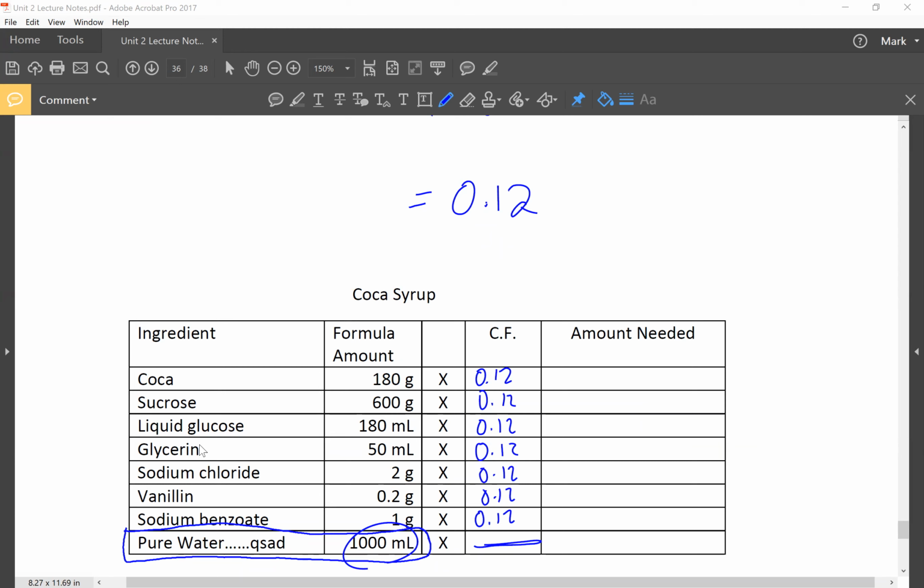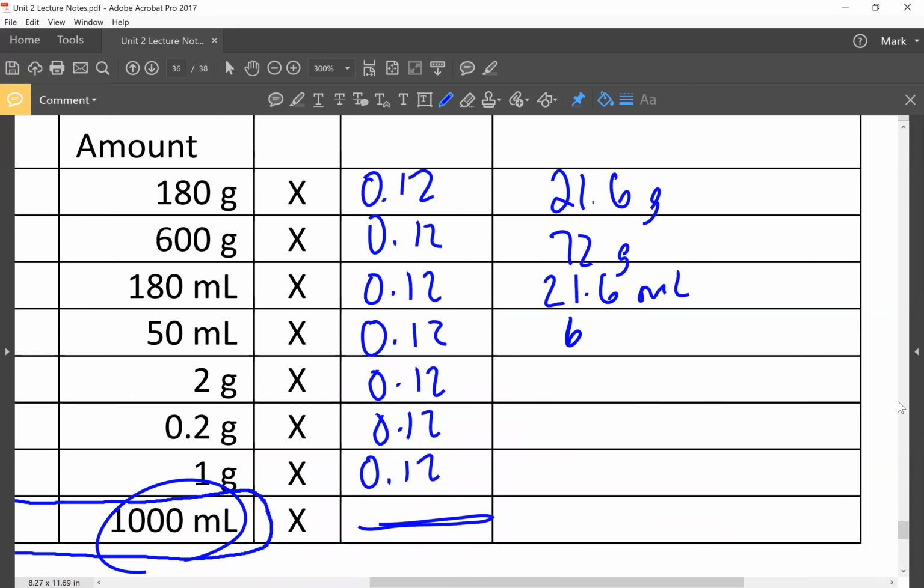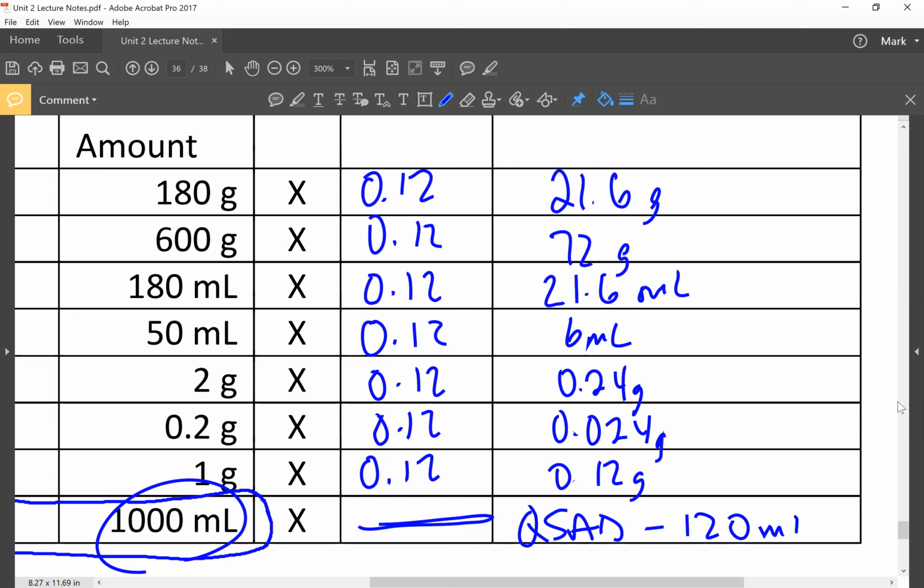So this would be 21.6 grams, 72 grams, 21.6 milliliters, 6 milliliters, 0.24 grams, 0.024 grams, and 0.12 grams. And then QSAD to 120 milliliters.